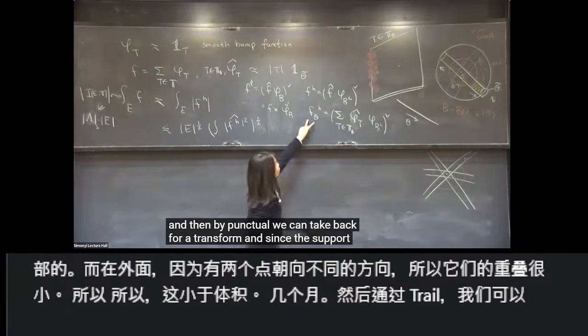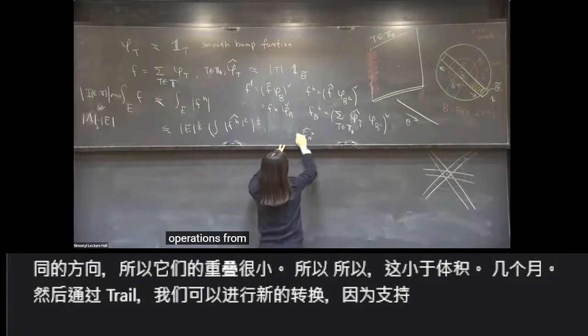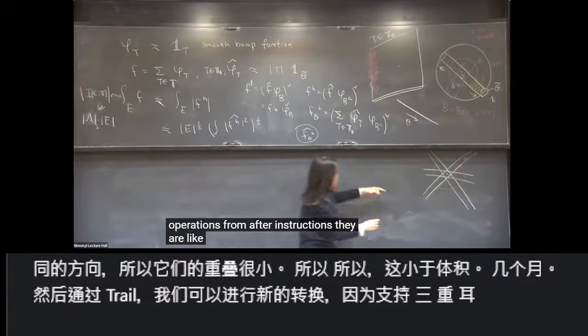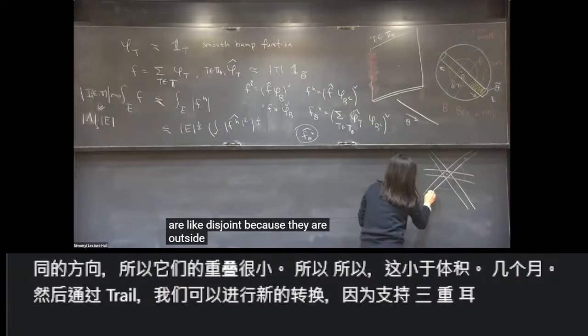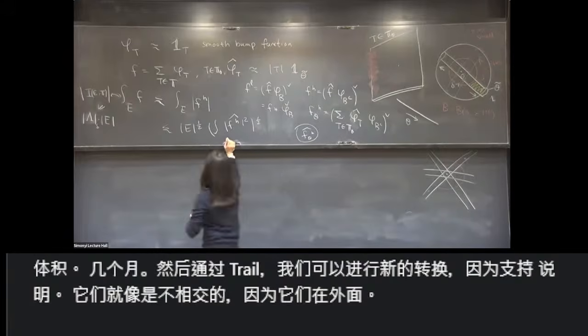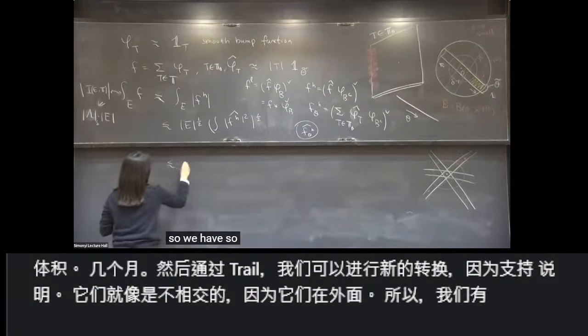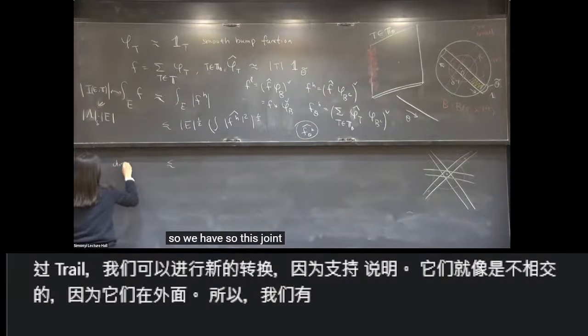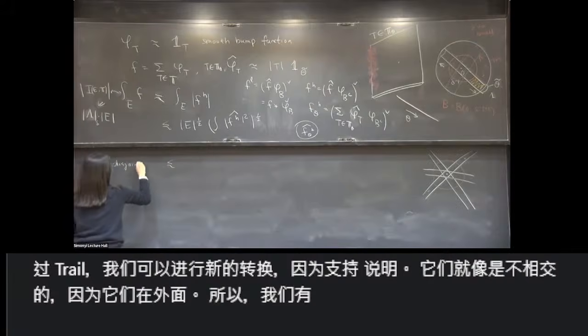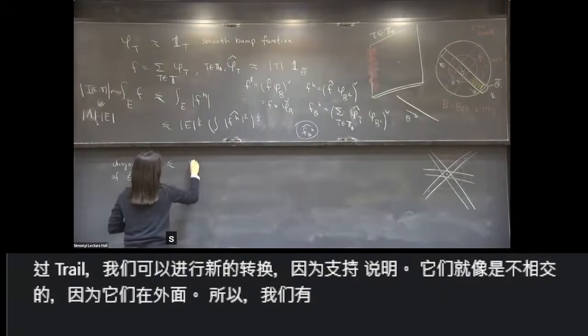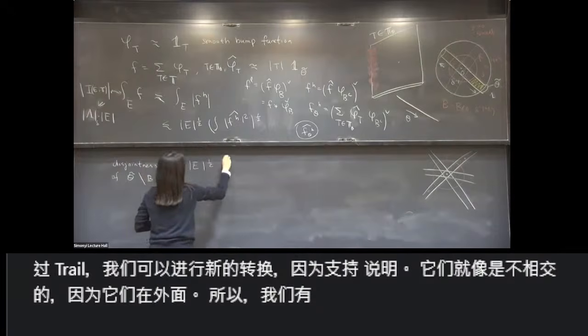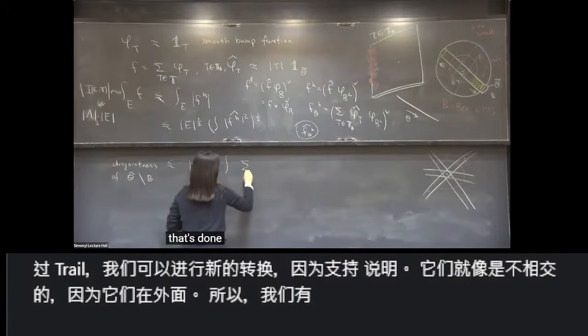Since the supports of the Fourier transforms of those functions are disjoint because they are outside, we have disjointness. So this is less than the sum over theta.